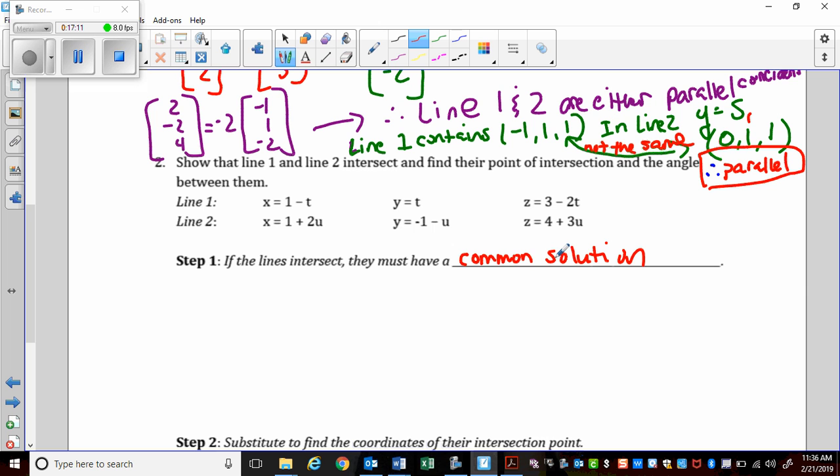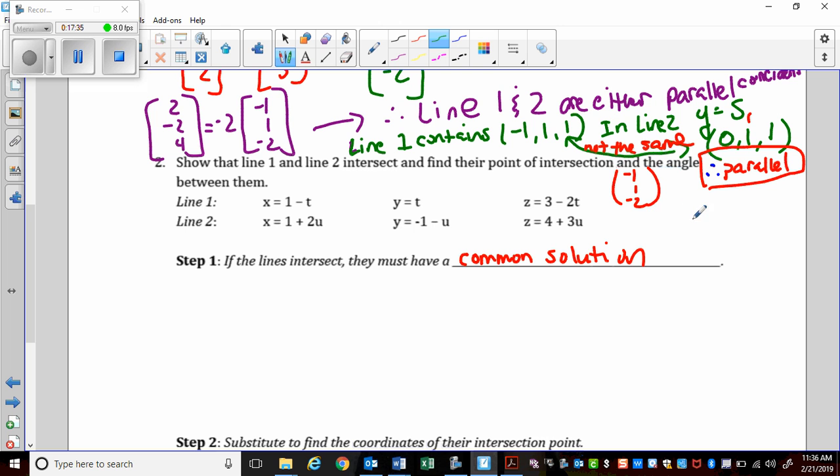And I'm going to look at the directional vectors. Line 1's directional vector is -1, 1, and -2.